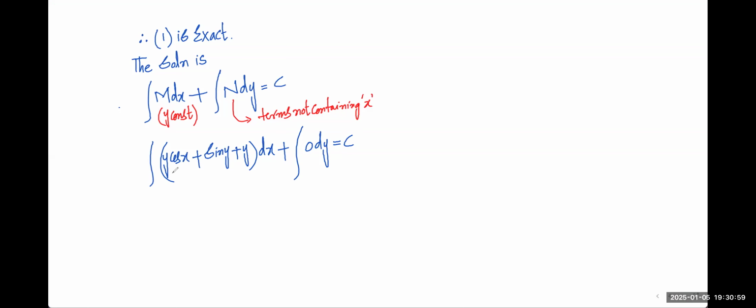Finally, integrating, applying integration for each and every term. Treating y as a constant, y is pulled out: cos x dx. Since y is a constant, sin y is a complete constant, that is also pulled out: sin y times 1 dx. And again y is a constant, we pull out y: 1 dx is equal to c only.